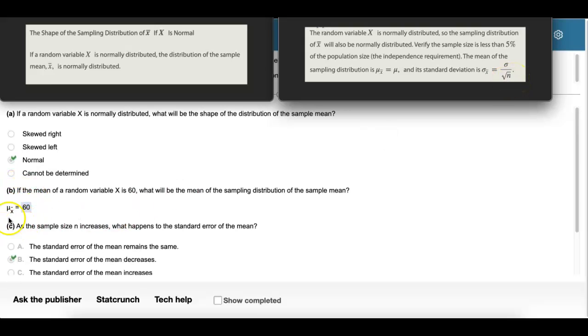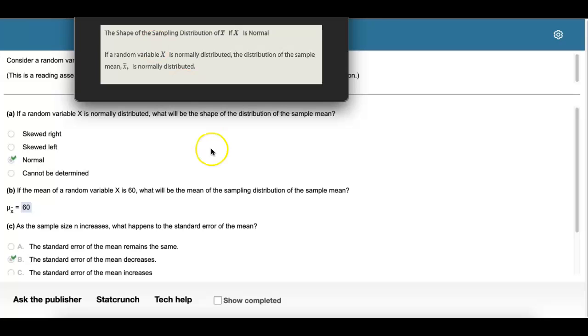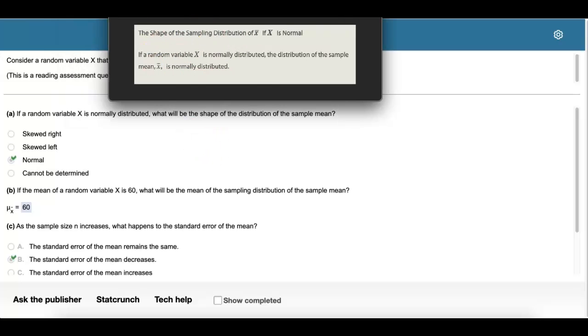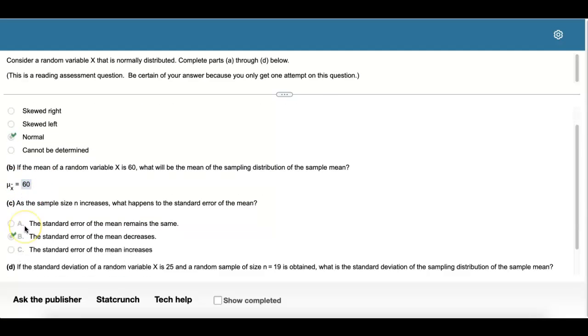So in part B, let me minimize these first. So in part B, it says the mean of the random variable is 60. What's the mean of the sampling distribution of the sample mean? It's also 60.